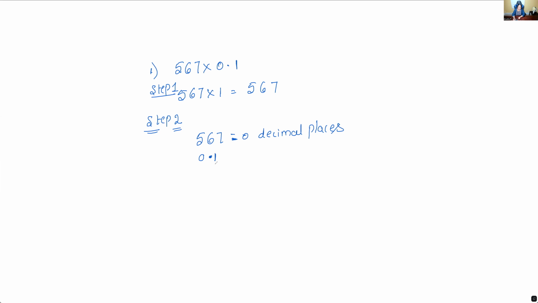After the decimal point, we have only 1 digit here. So we will write it as 1 decimal place. Okay, so now what we will do is add both of them. So 0 plus 1, you're adding the decimal places, is nothing but 1 decimal place.